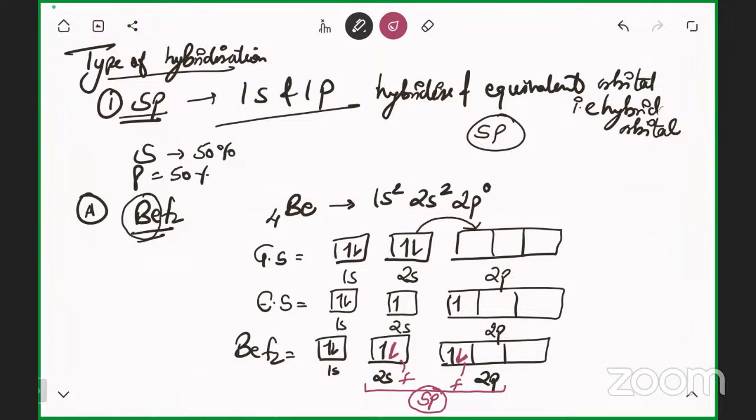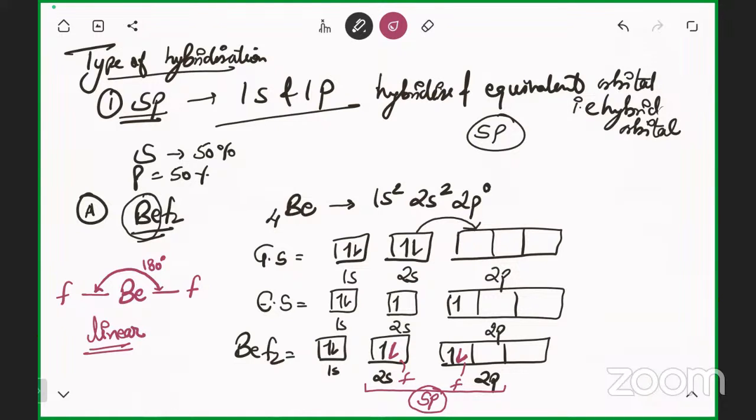If I talk about the shape of sp hybridization, Be is the central atom, with one fluorine and another fluorine. This is a linear structure, and the bond angle between them is 180 degrees. The name of this shape is linear. Clear?